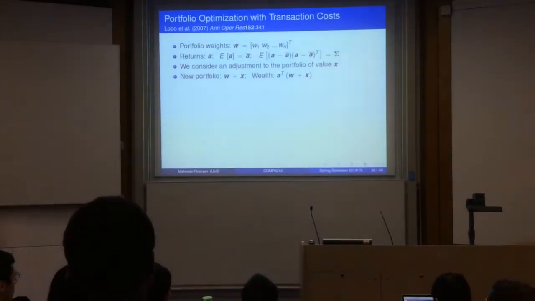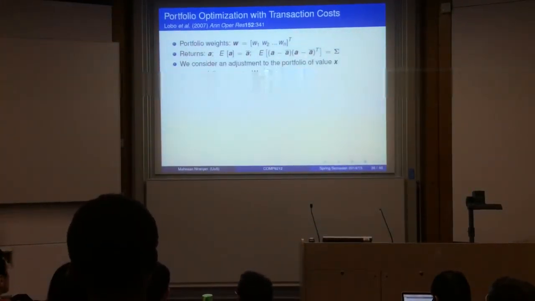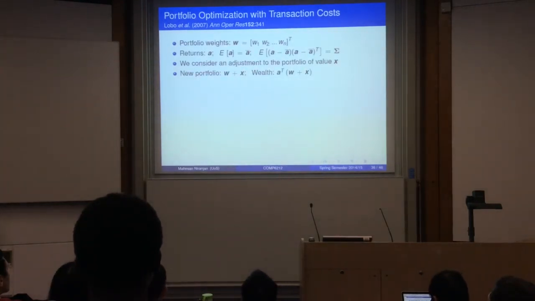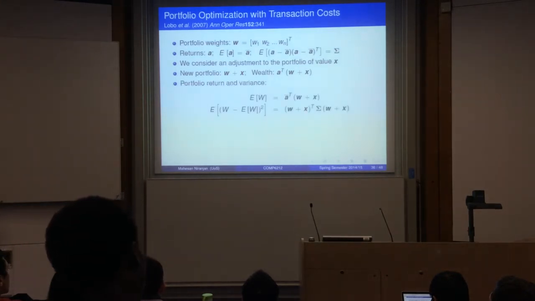So we're going to look at mechanisms by which we know that the transaction cost will be associated with what you change to what you have, and how can we, for example, minimize transaction costs, or subject to allowing a particular amount of transaction cost, maximize the wealth that we're going to reach. Okay, so again, notations, we know the portfolio return.